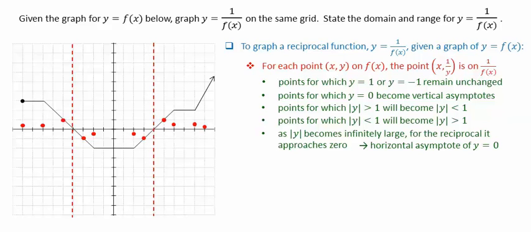Between x equals -9 and -7, we will have a straight line. Then between x equals -7 until we get to the vertical asymptote at x equals -4, we have a curved section, making sure that we go through the invariant point at -5, 1.